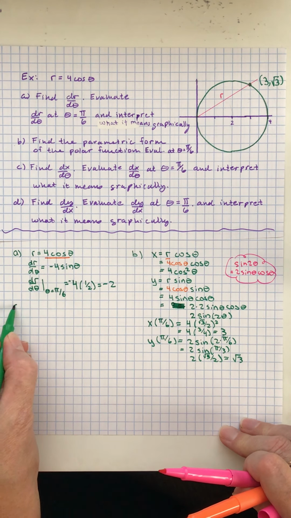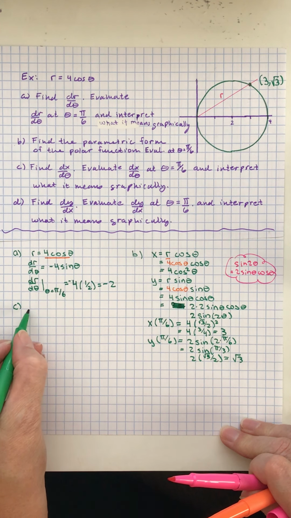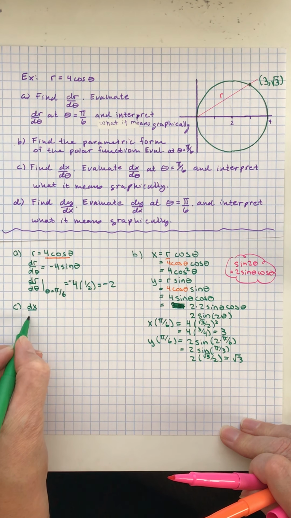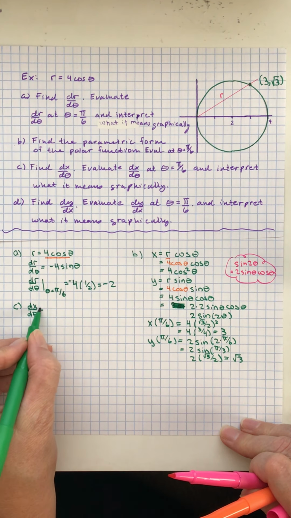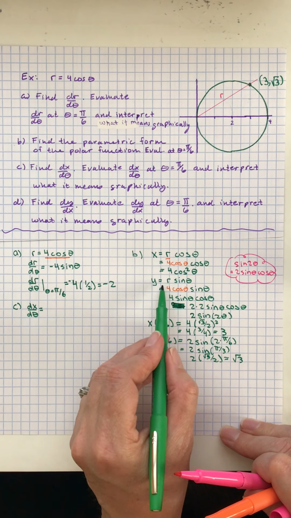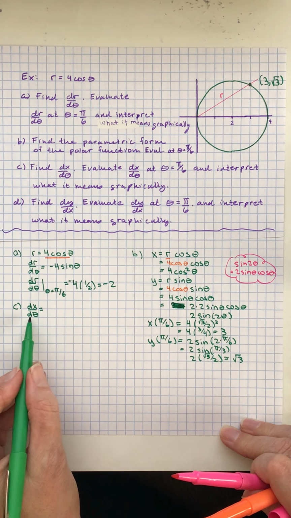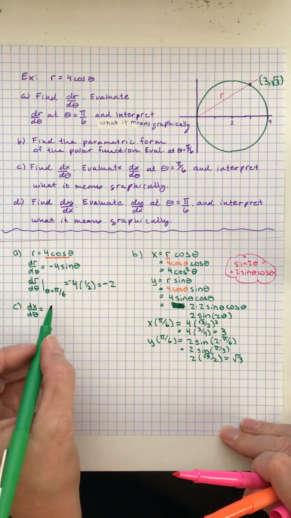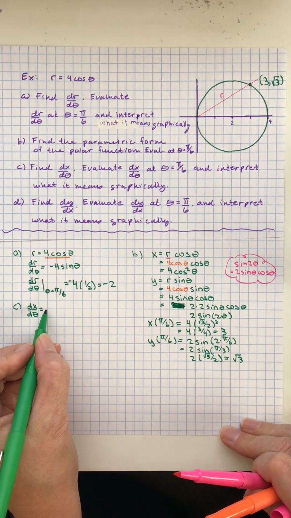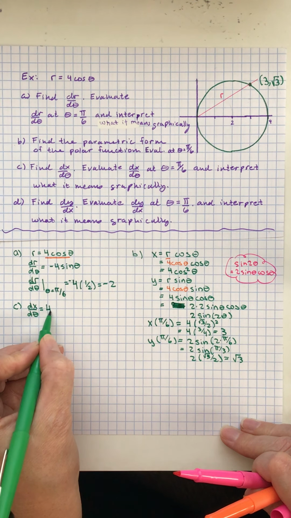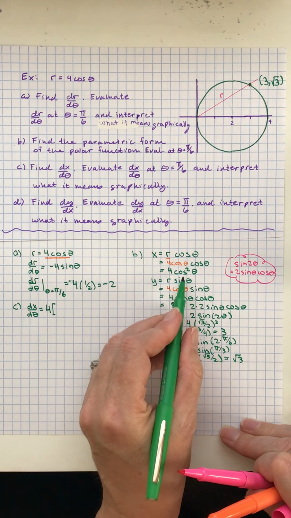All right, so for part C, it asks us to find dx/d theta, and that would be just taking this 4 cosine squared theta and taking its derivative with respect to theta. So it will just be a chain rule situation. So 4 just gets rewritten.